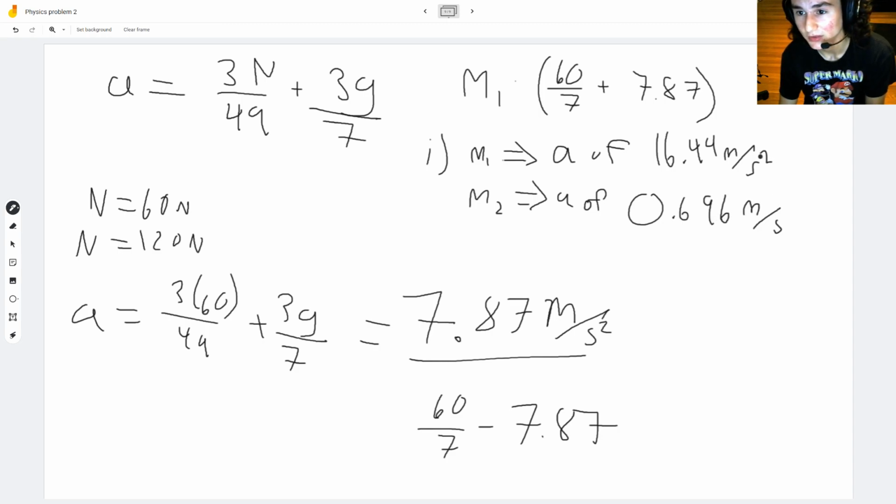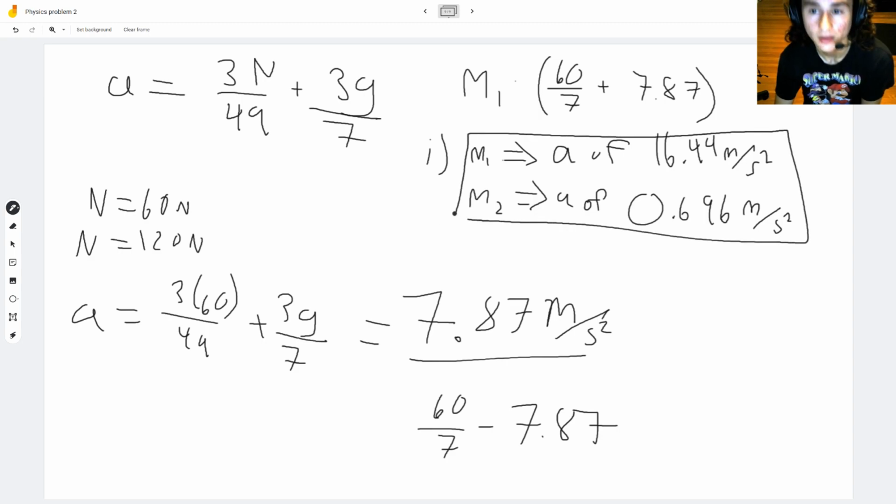I forgot to square this. This is squared. This is an acceleration, not a velocity. We need to remember to square it. So this gives us our answers for I.